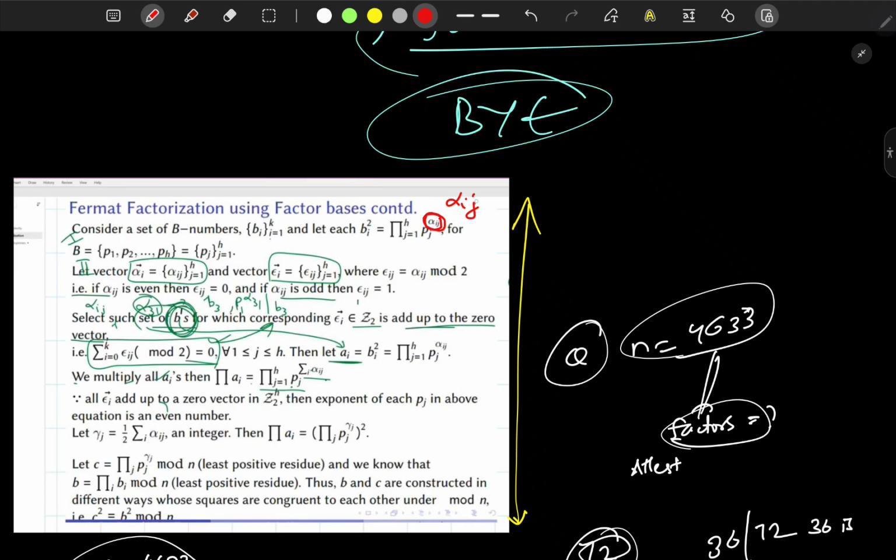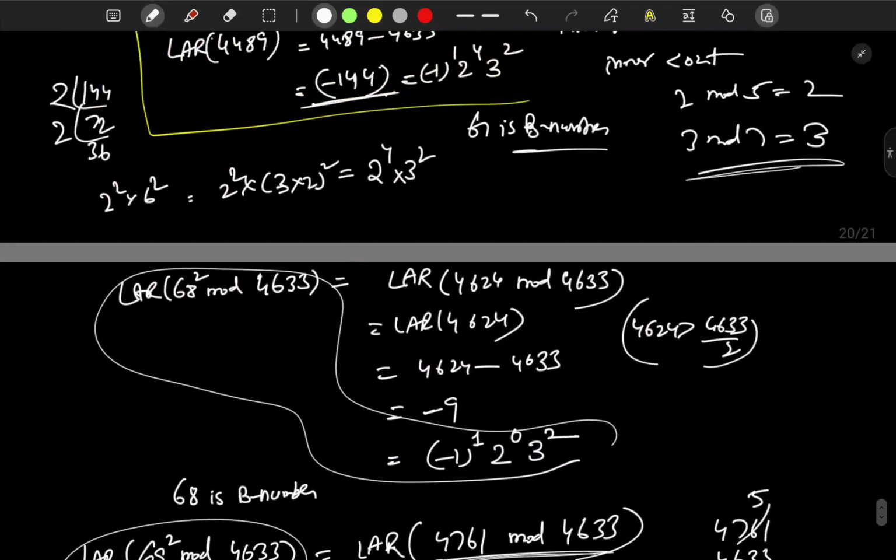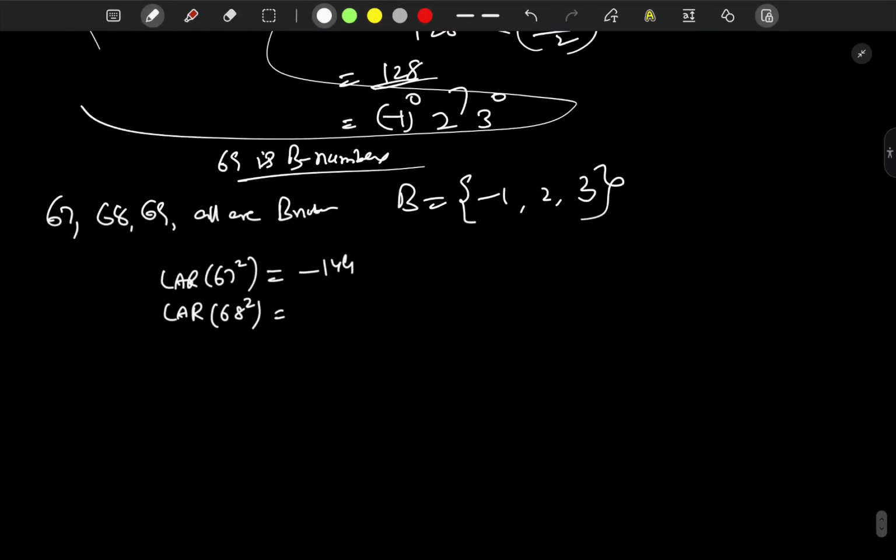I denotes the ith B number, small bi, and j is the jth prime number in the sequence of the set. So minus 144 is minus 1 to the power 1, 2 power 4, 3 square.